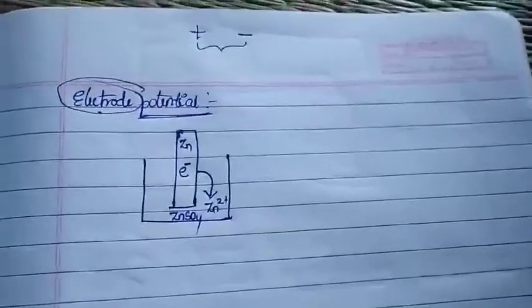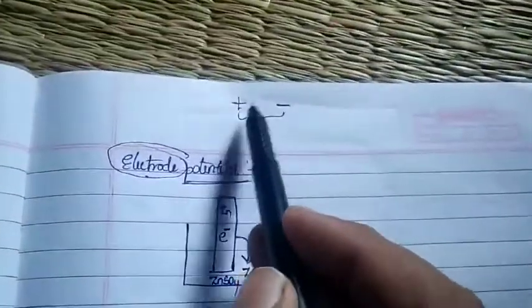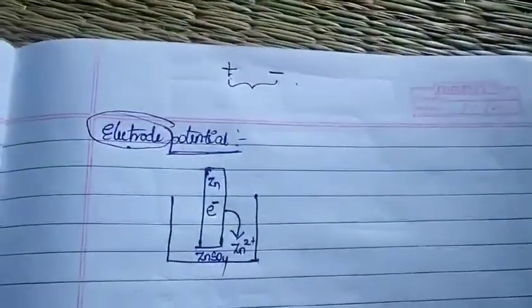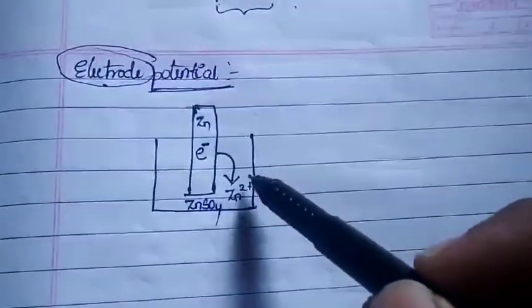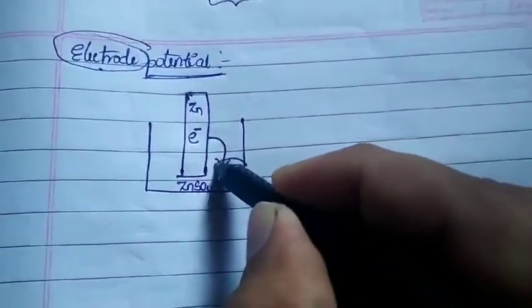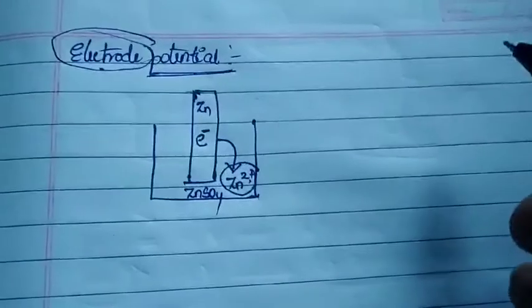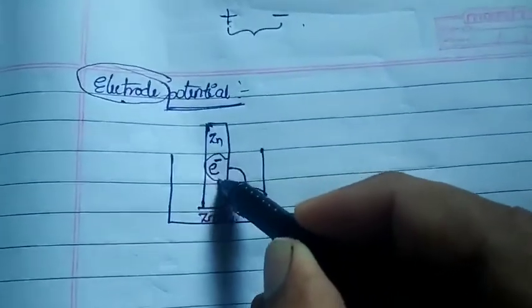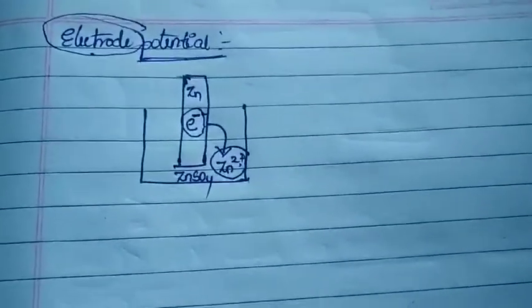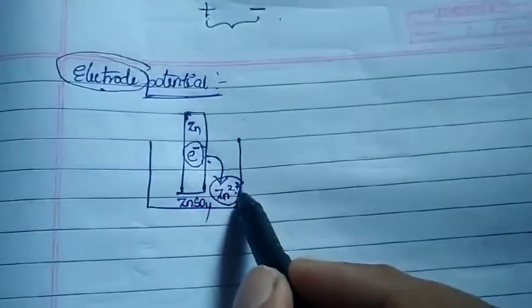If not, I am going to explain this, don't worry. Whenever there is a charge difference, there will be a potential. Here Zn2+ is positively charged, whereas the electron is negatively charged. So there it develops a potential.